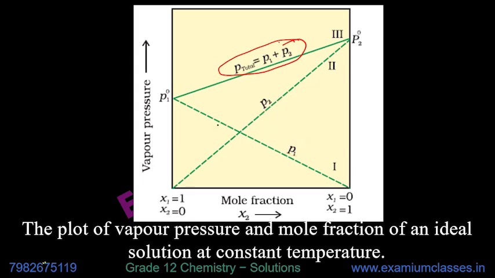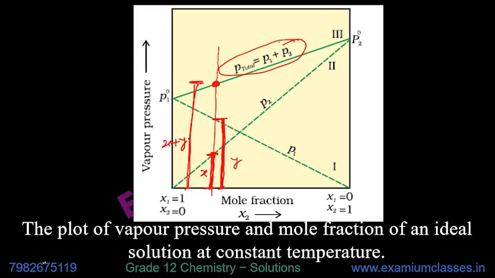Suppose at this point, P2 is this much and P1 is this much. When I add these two values, say this is X, this is Y, the total value I'll get is X plus Y. So that's how I got the line P total equals P1 plus P2.